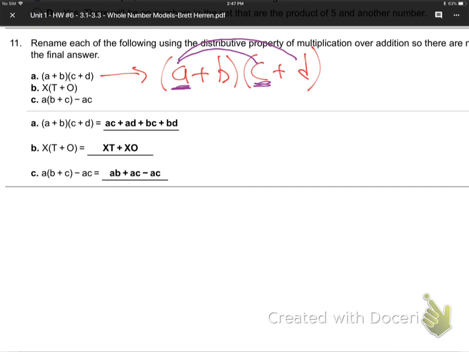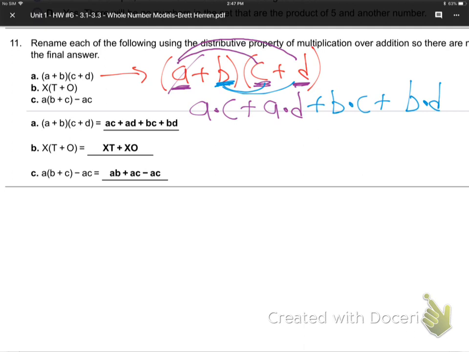And he's going to go to both of them. So A times C plus A times D. He's done. So the first to both. And then when he's done, the second one will go to both. Plus B times C plus B times D. And that's what they have there.